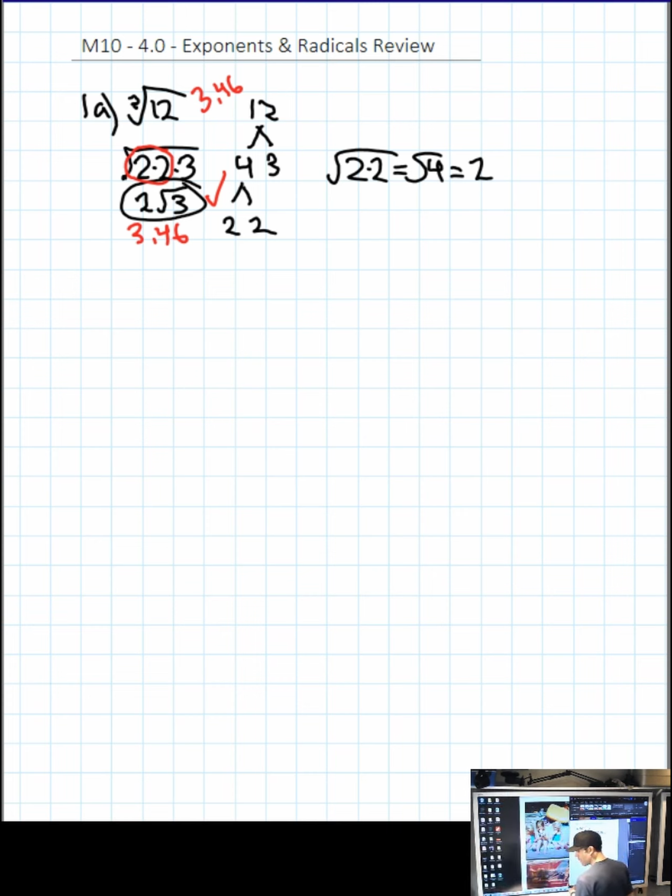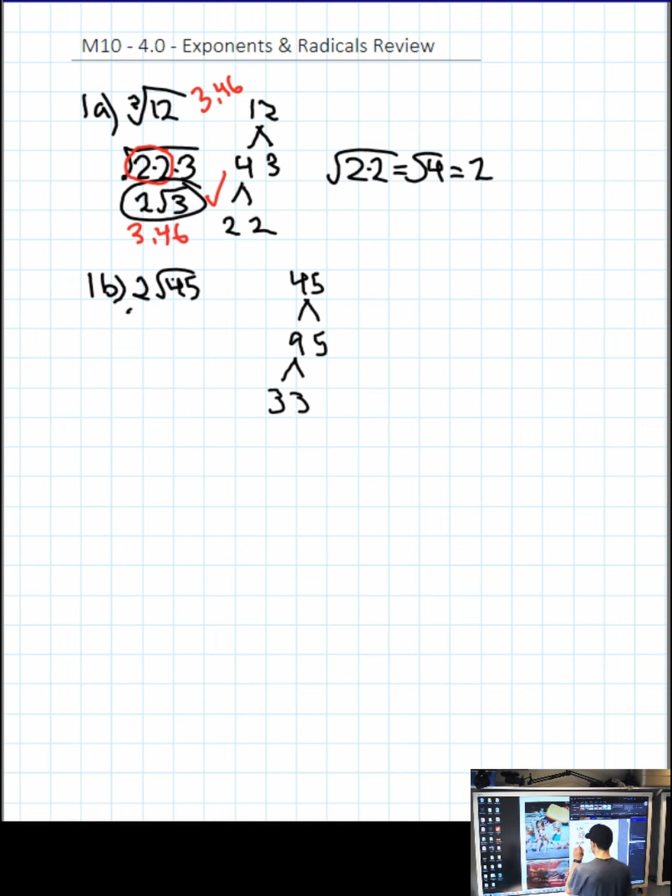Okay, we have 1B, 2 root 45. Notice this time I didn't write the tiny little 2 for the square root of 45 as I did for the 12, but it's there. So let's take 45 and do a prime factorization. So we're going to have 9 times 5, and we're going to have 3 times 3.